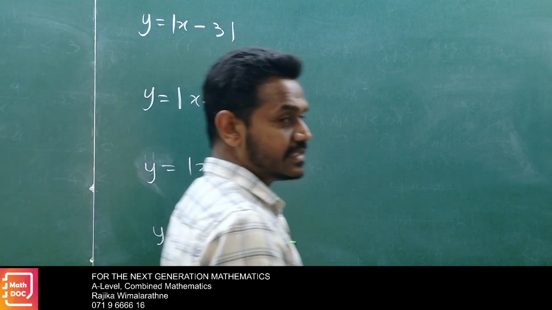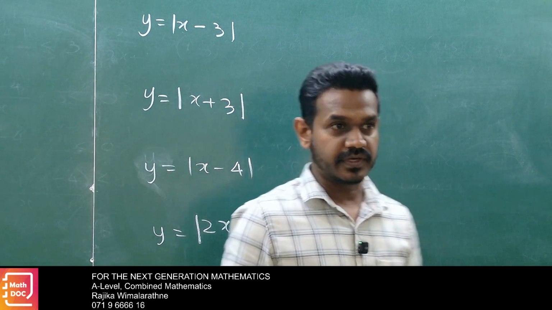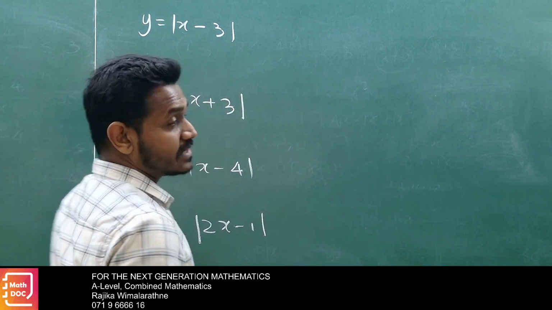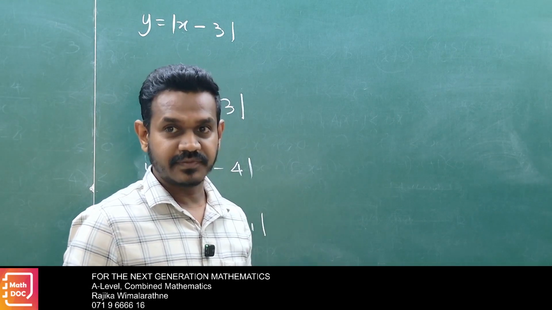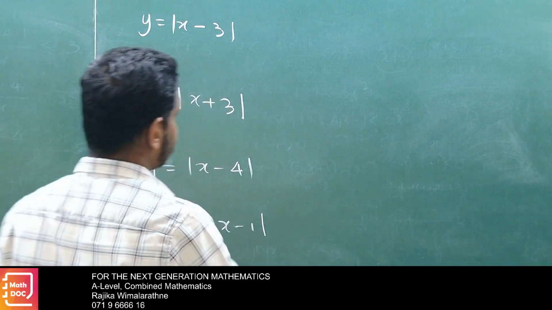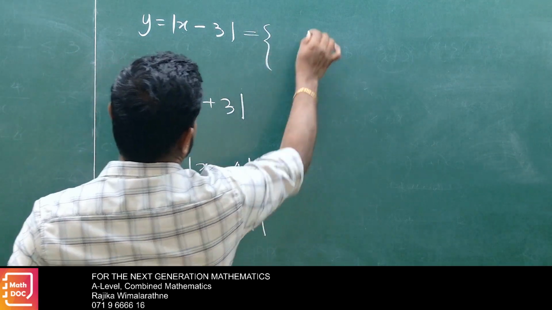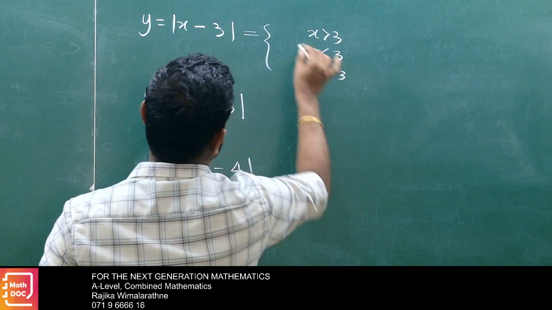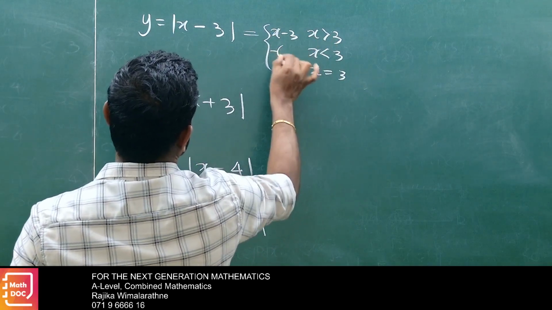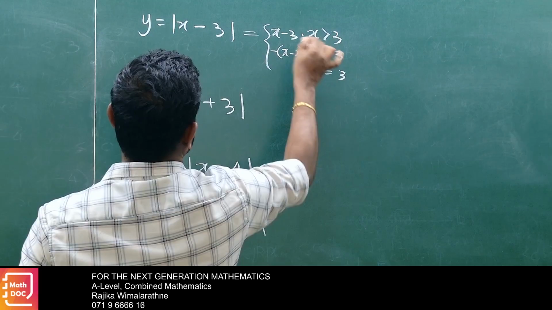Okay, now this is very simple. The definition is very important, but to sketch the graph, there is no need for that definition. We can directly sketch because of that property. But anyway, you write the definition. X greater than 3, x less than 3, x equal 3: x minus 3, minus of x minus 3, 0.